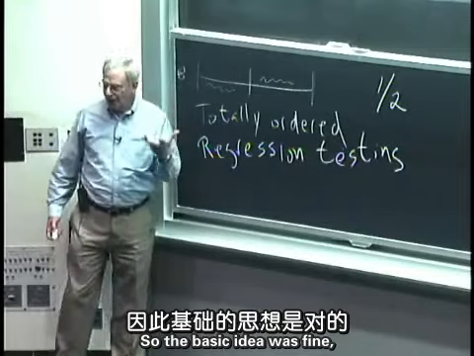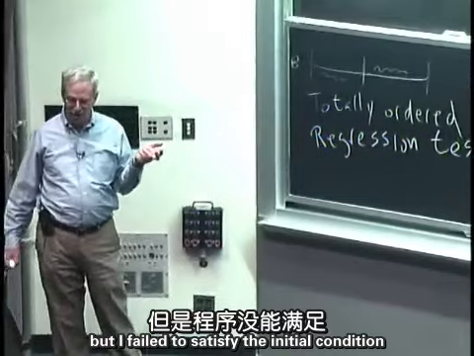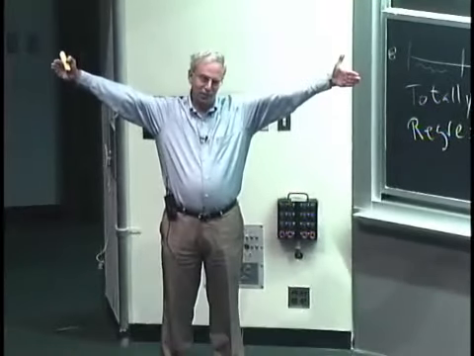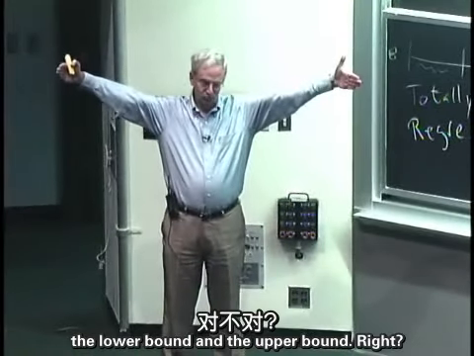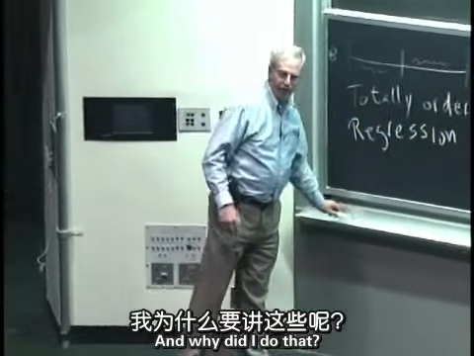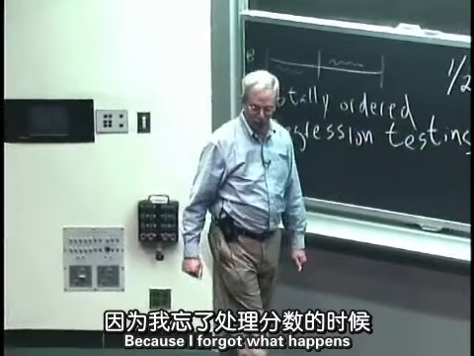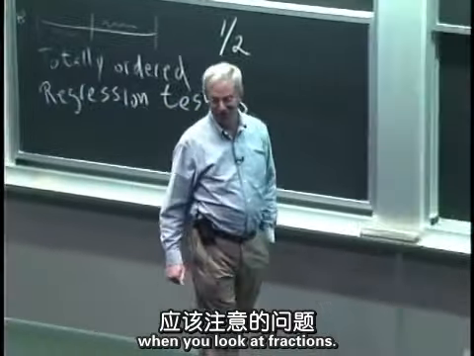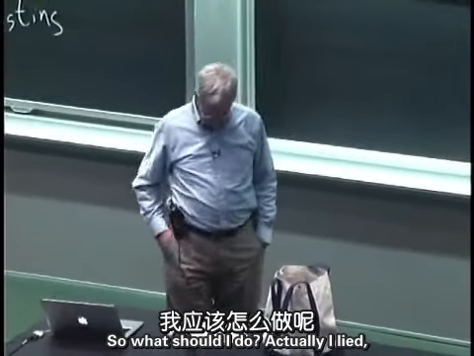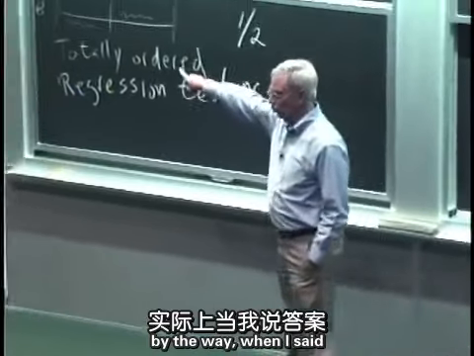So the basic idea was fine, but I failed to satisfy the initial condition that the answer had to be between the lower bound and the upper bound. Right? And why did I do that? Because I forgot what happens when you look at fractions. So what should I do? Actually, I lied, by the way, when I said the answer was over there.